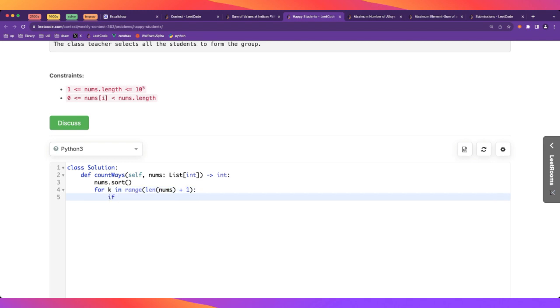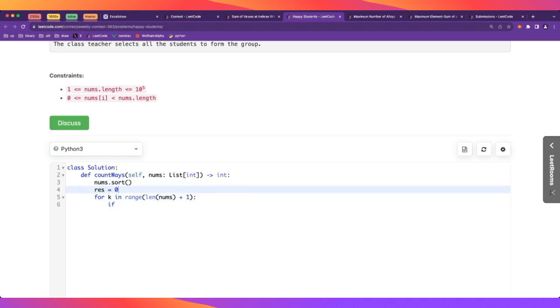And then we want to know if it's, so nums of, so if you're going to select 1, so for example, if K is 1, then the first one, the one at index 0 has to have a value that is less than K, right?